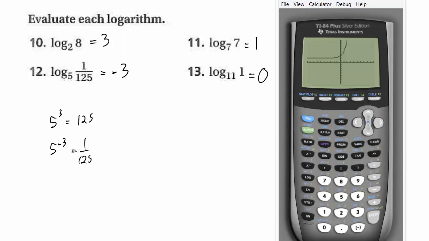Again, all of these can be done in your calculator by either doing, for instance, let's do this one right here in my calculator. You can use the log base button, log base 11 of 1 like that, or if you don't have that feature in your calculator, you can enter it this way, log of 11 divided by, actually I'm backwards, sorry.